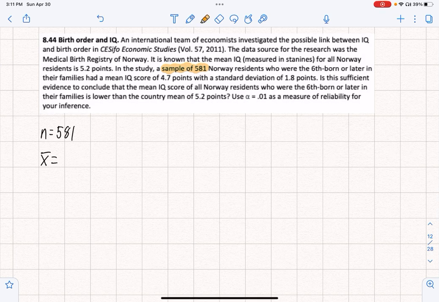From this sample of 581, the mean IQ score was 4.7. So 4.7. S. From this sample, the standard deviation was 1.8. So S is 1.8. Alpha was 0.01.